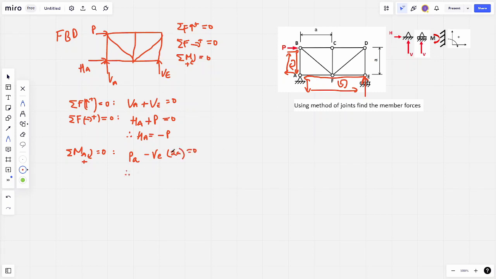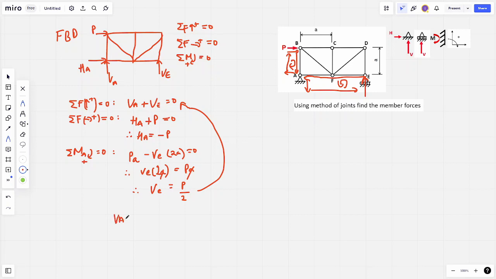Therefore, if we rearrange to get VE as the subject of the equation, we can say that VE multiplied by 2A is equal to PA. Cancel through the A's as they're both in common, and divide by 2. Therefore, VE is equal to P over 2. And what we can do now is substitute VE back into this equation to get VA.